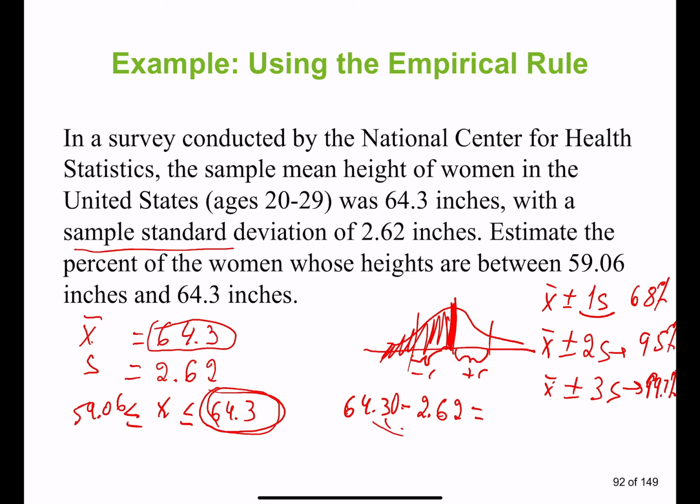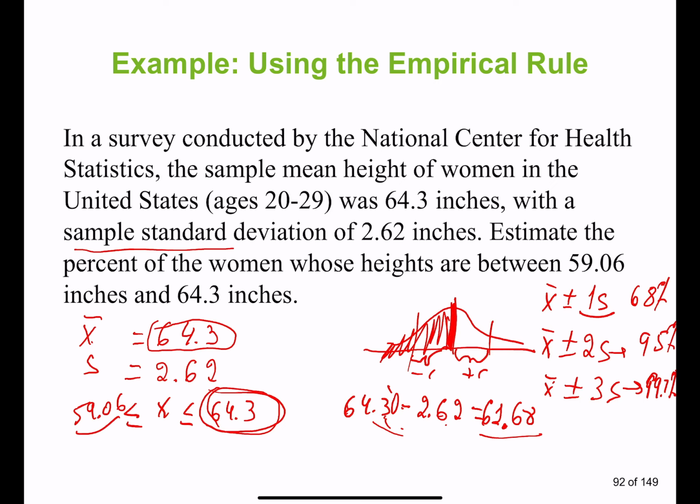I'm adding 0 because there are 2 positions here and 2 positions here. 10 minus 2 is 8. Here is left 2. 12 minus 6 is 6. Decimal point. Here I have left 3. 3 minus 2 is 1. And 6 stays there. 61.68, which is way above 59.06, right?